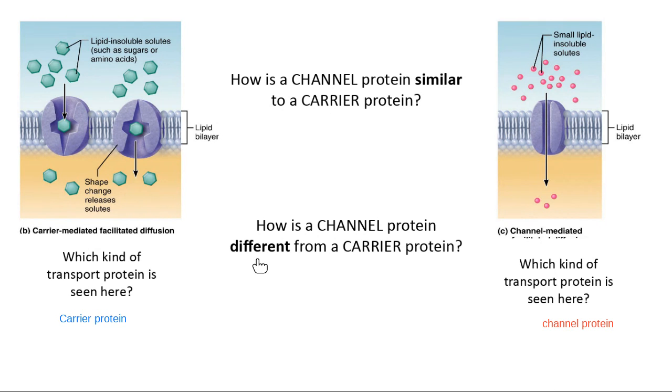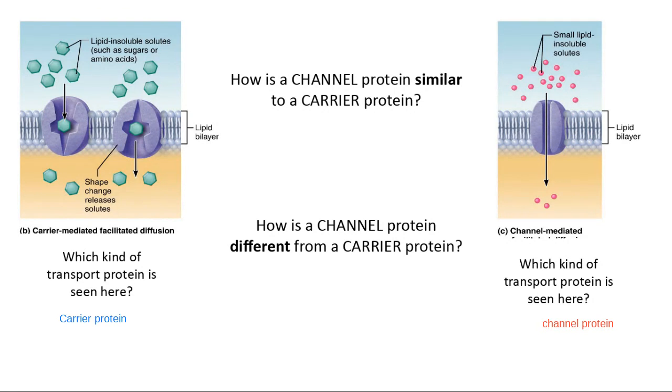So we've already kind of identified and used the picture to help us determine the big way that channel proteins and carrier proteins are different from each other. It has to do with the way that they transport things. That's the biggest difference between these things. So the way that a channel protein transports things, channel proteins, we'll just call them channels.